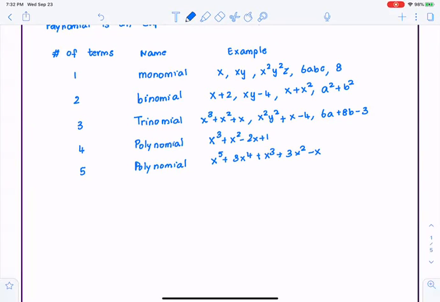So polynomial functions are functions that contain polynomial expressions.